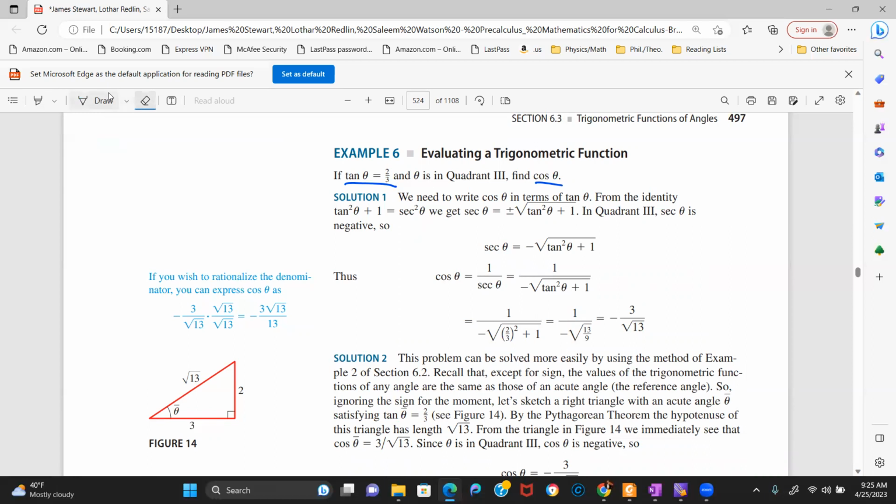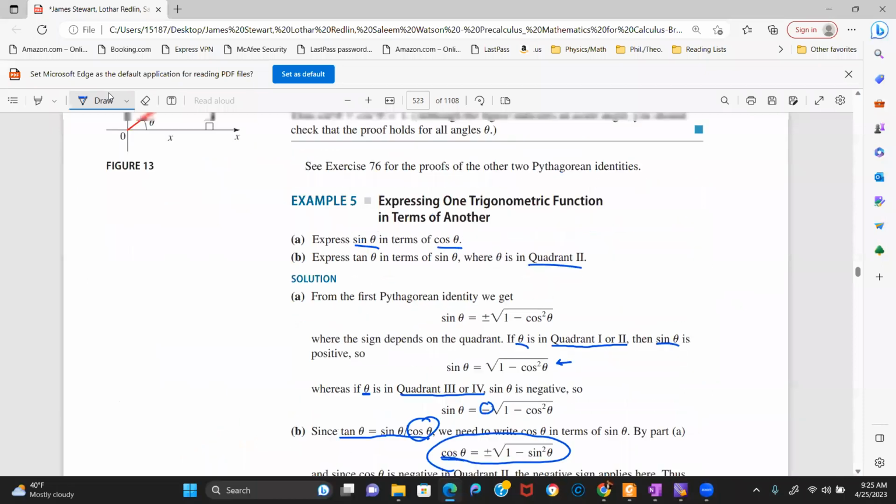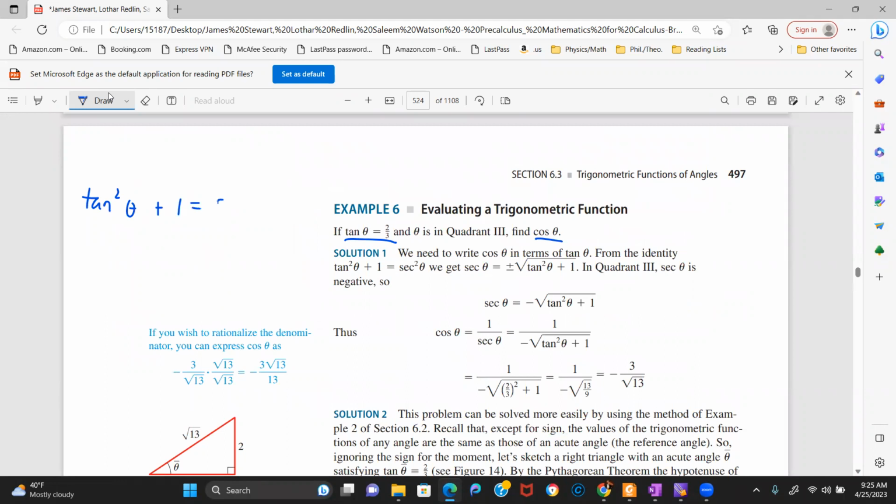So recall the Pythagorean identity is that tan squared theta plus 1 equals secant squared theta. So we can solve for secant squared theta. And it's already solved for it.